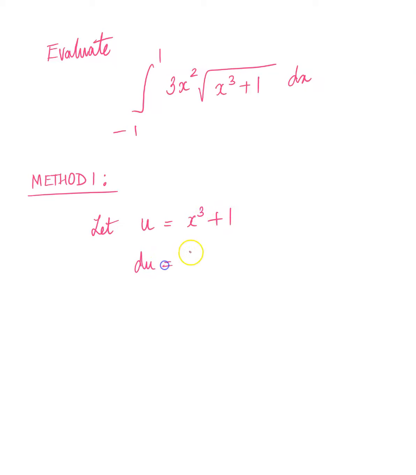So du is 3x squared dx. You can see the 3x squared in the front and the dx in the back, but they're all being multiplied, so you can move them together and see it as du. Now, the limits of integration in the problem are for x.